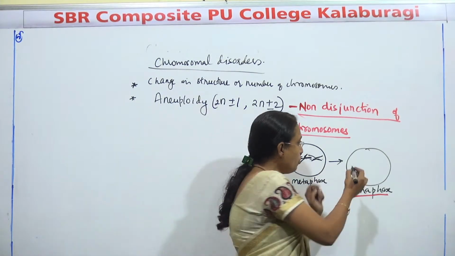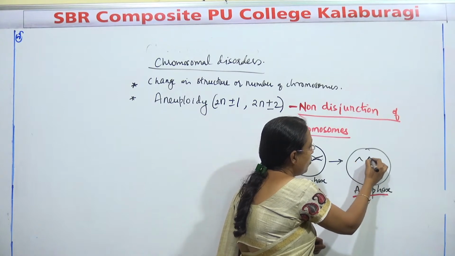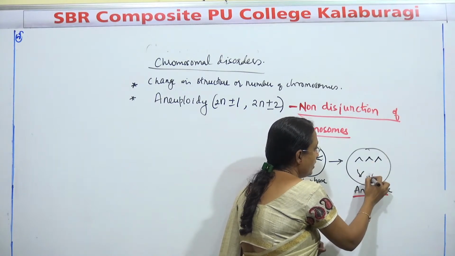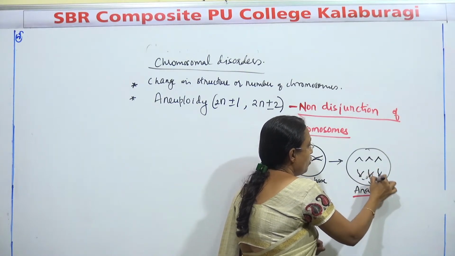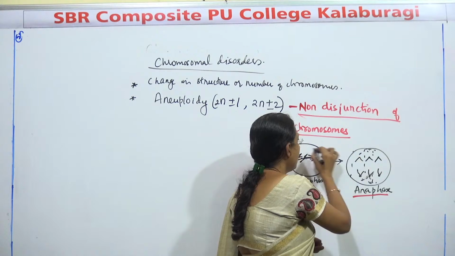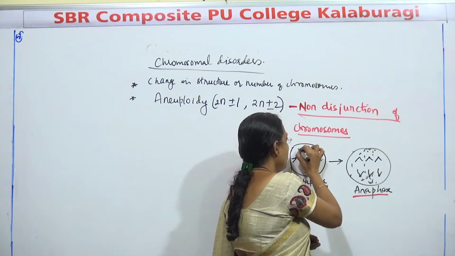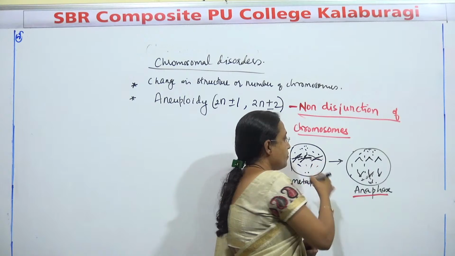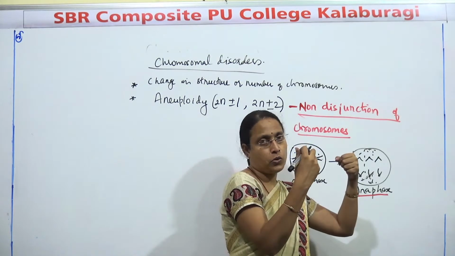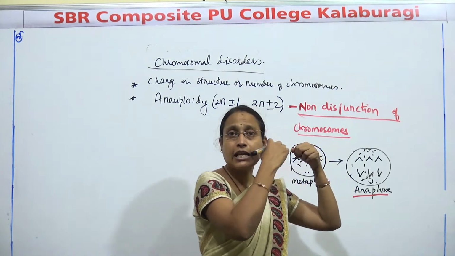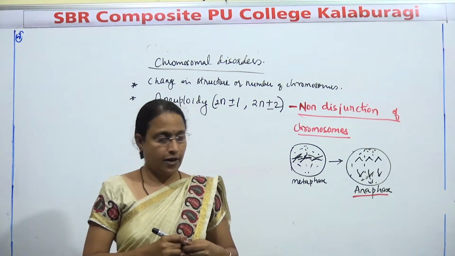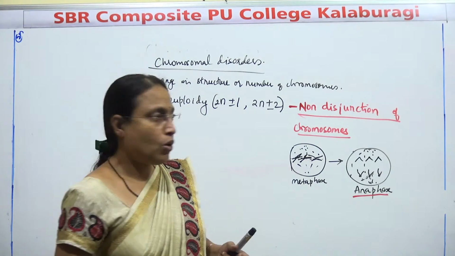Now, these chromosomes move to opposite poles. This movement or separation of chromosomes, or segregation of chromosomes, is called disjunction.